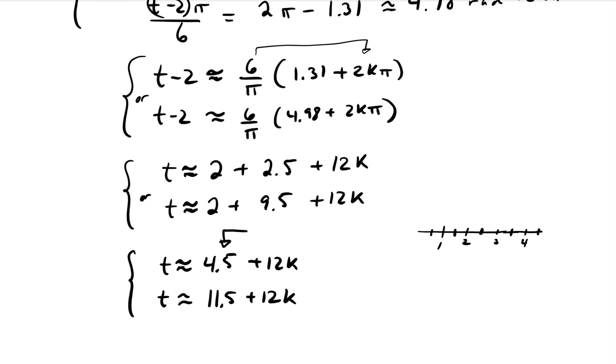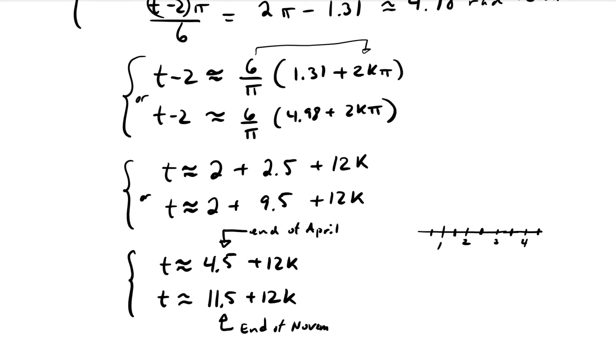So 4.5 is like the end of April, beginning of May. So I'm just going to write end of April. And 11.5, well, 11 is November, so that's the end of November. So this is when the temperature is the warmest.